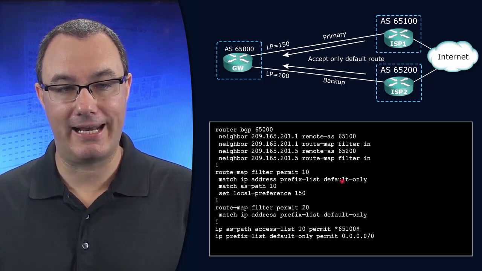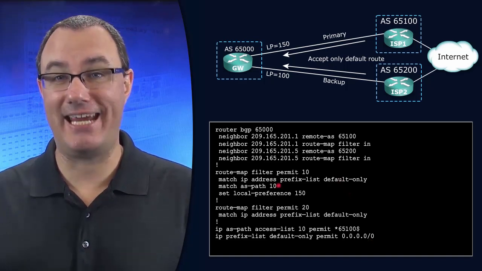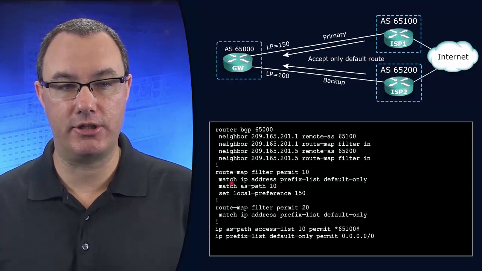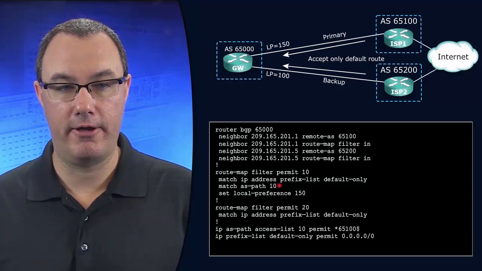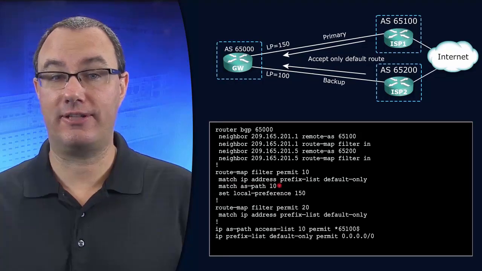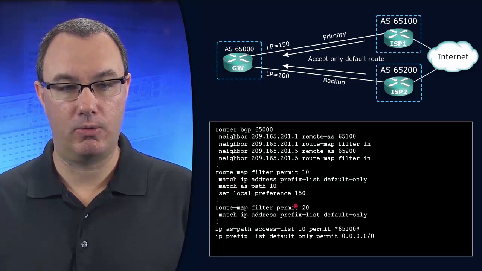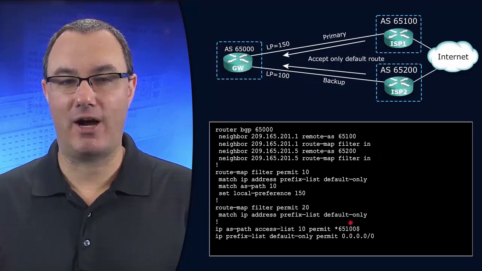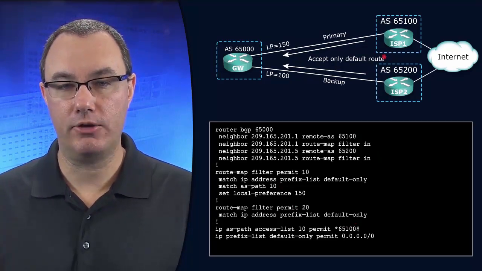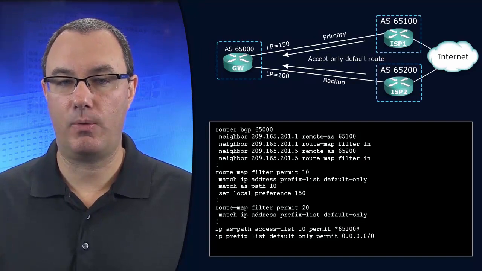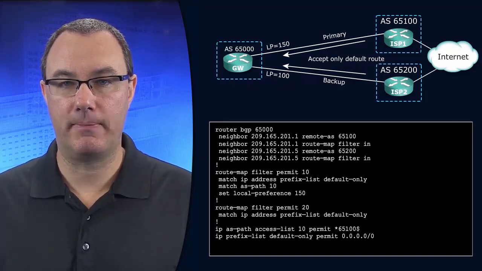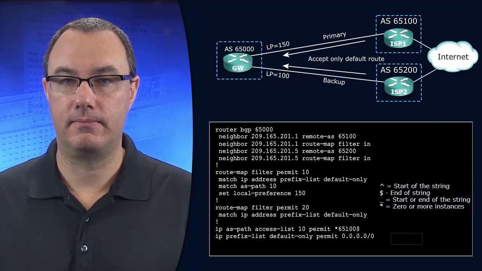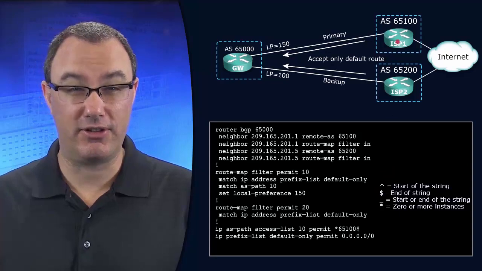So we are looking for that, and I want to stress and, logical and, Boolean and. When we have multiple match conditions on the same sequence, AS path list 10, AS path 10, which is looking for autonomous system 65100. The way to interpret that one is we want to make sure that it is sourced from autonomous system 65100.